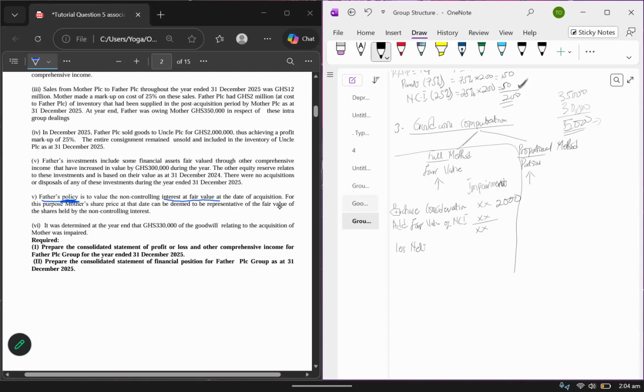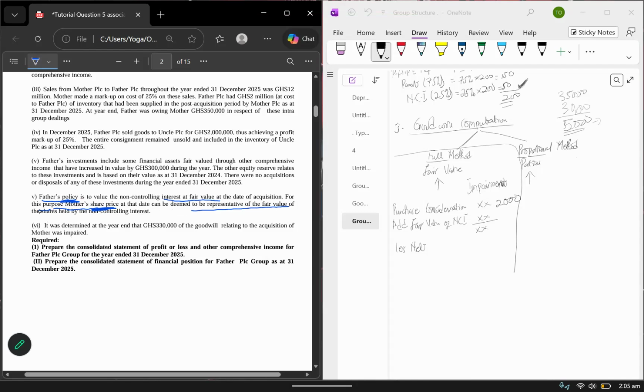So you see that for this one, they said for this purpose, the share price at that date, as in the date of acquisition, can be deemed to be representative of the fair value of the shares held by the non-controlling interest.